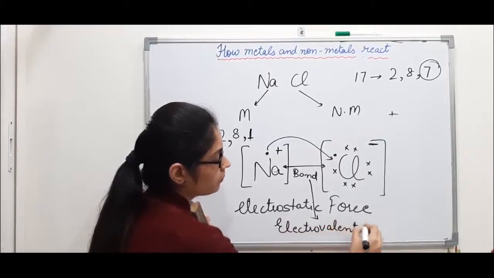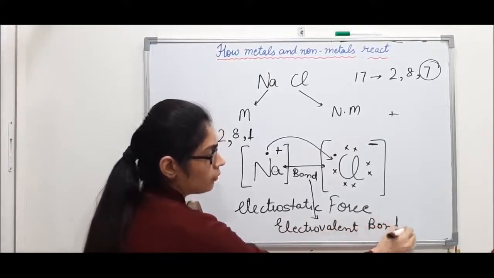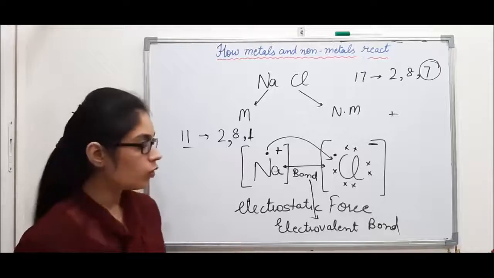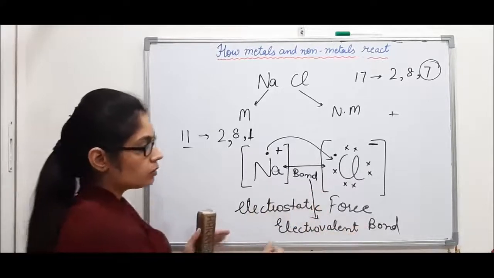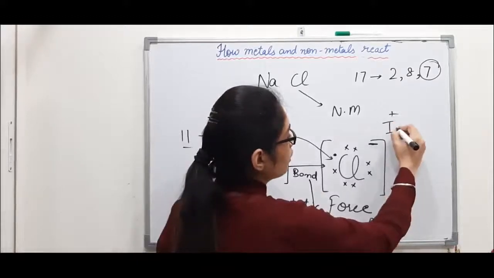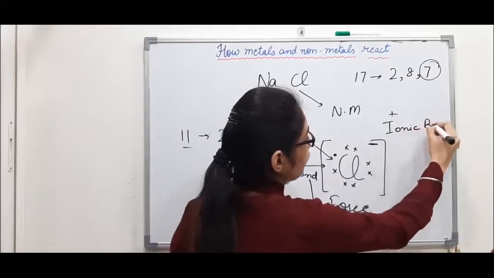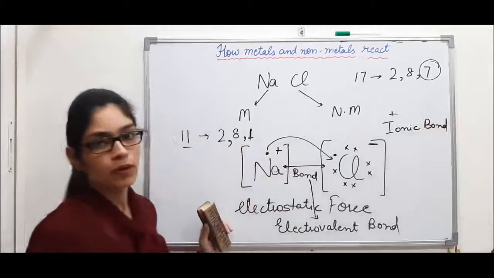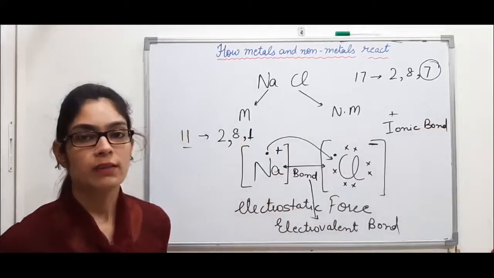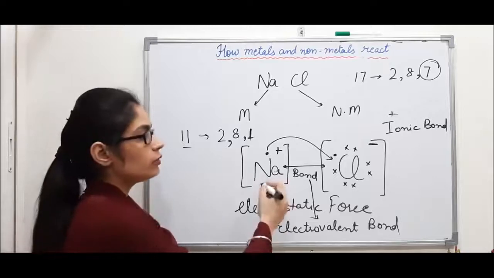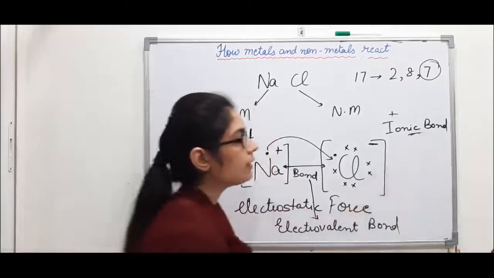Why electrovalent bond? Because this bond is formed due to electrostatic force, and this is also known as ionic bond. Why ionic bond? Since the bond is formed between two ions, ions are the charges, that's why it is also known as ionic bond.